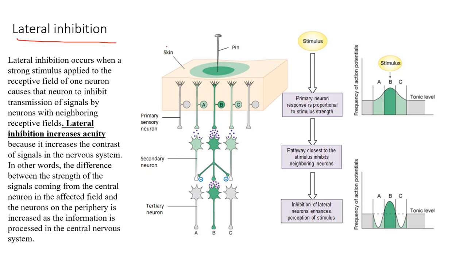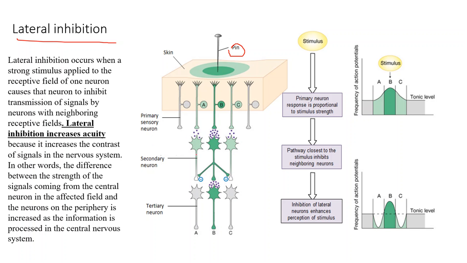This is a phenomenon that you can probably recognize. It occurs when a strong stimulus applied to the receptive field of a neuron causes the inhibition of neighboring receptive fields. Imagine that you are putting a pin on a certain area of the skin.